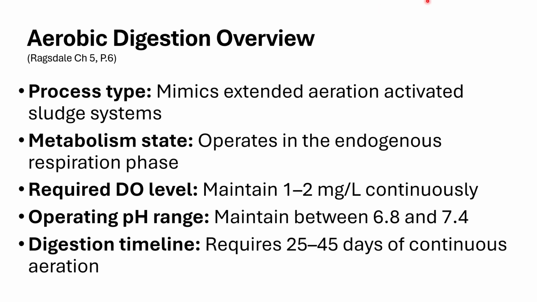An overview, we talked about it some, but we'll talk about it a little bit more. All of these are from chapter 5, page 6 of Ragsdale. The process type is very similar to an extended aeration activated sludge system because we're bubbling air through it. We're aerating it, okay?